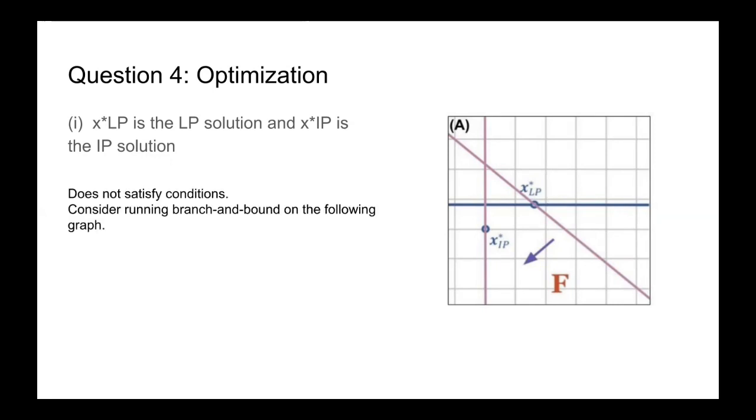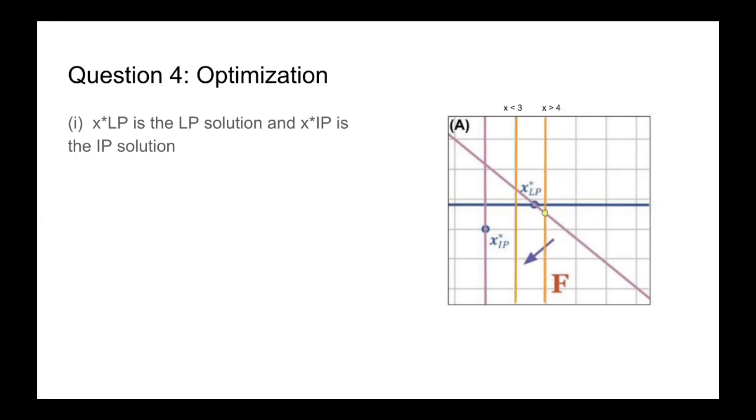But if you tried running branch and bound on this graph, we see that this particular X star IP is not an optimal integer programming solution. So let's go ahead and run branch and bound.